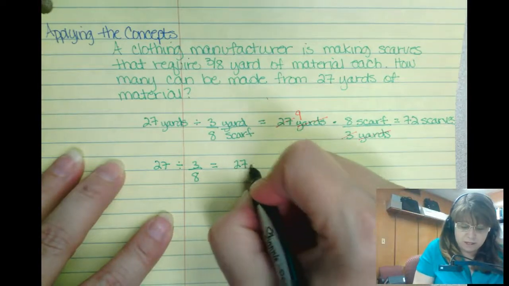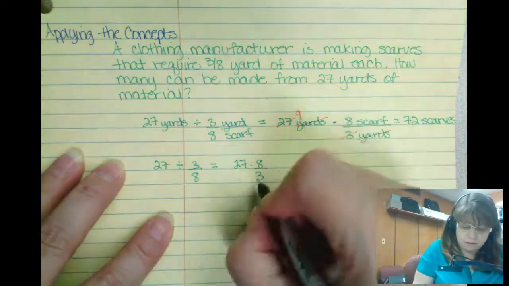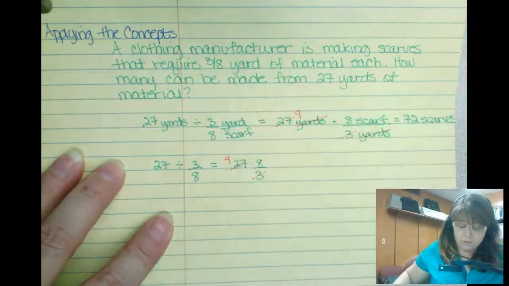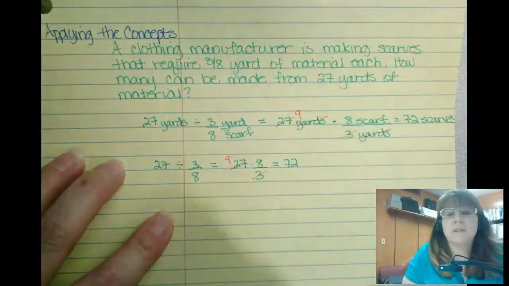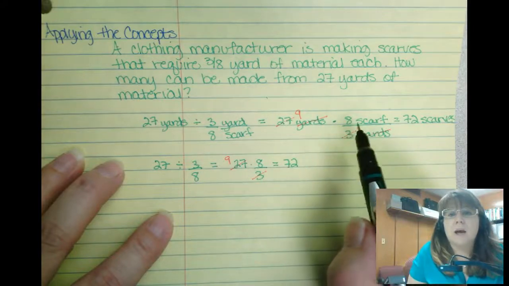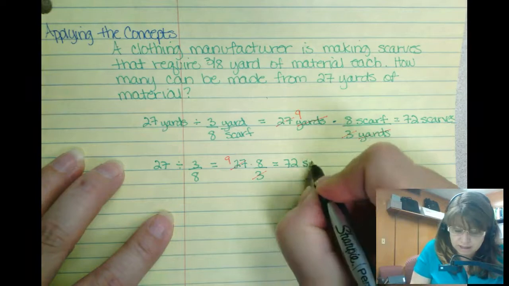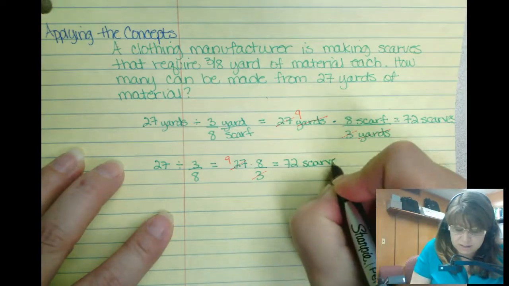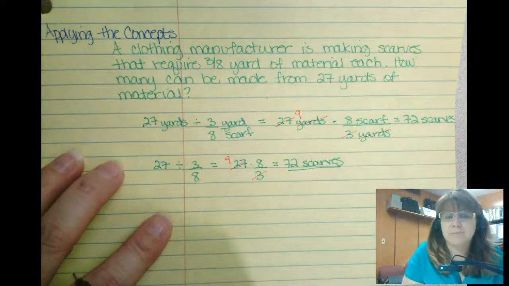Change it into multiplication. Still reduce. You're still going to end up with the same number, but you do need to answer the question, how many scarves can be made from 27 yards? So you do need to say scarves at the end. 72 scarves can be made.